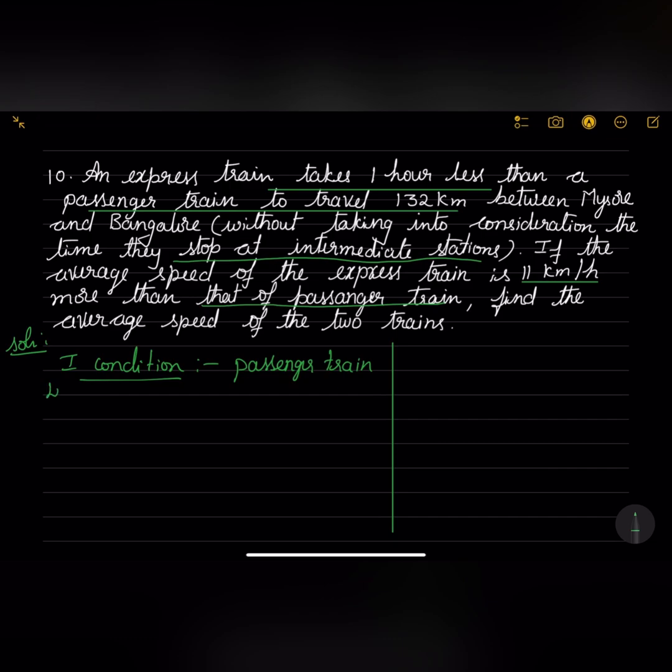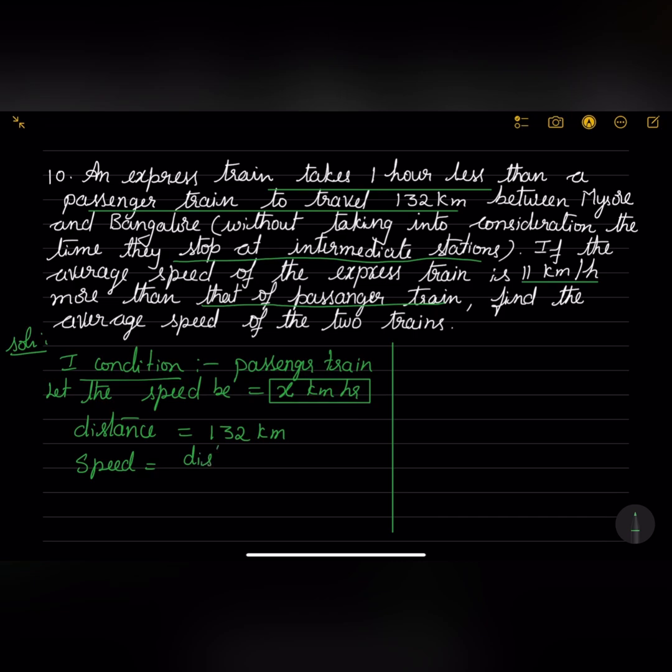Let the speed be equal to x kilometers per hour. This is the speed of the passenger train. And then what? The distance is how much? Distance to be covered between Mysore and Bangalore is 132 kilometers. And we know the formula for speed. Speed is equal to distance by time.